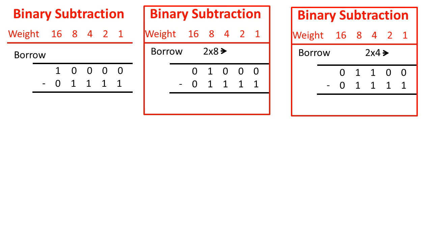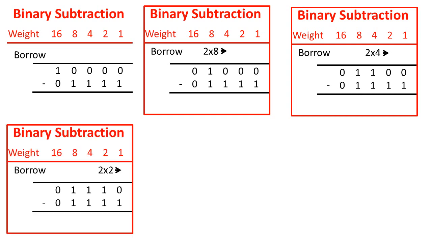You can observe. So in the next column, when that 1 has been shifted, as the weightage is half of the previous column, that is 4, we can write 2 into 4. So that means there are 2 ones. So single 1 is kept in that column, and another one will be shifted to the next column.